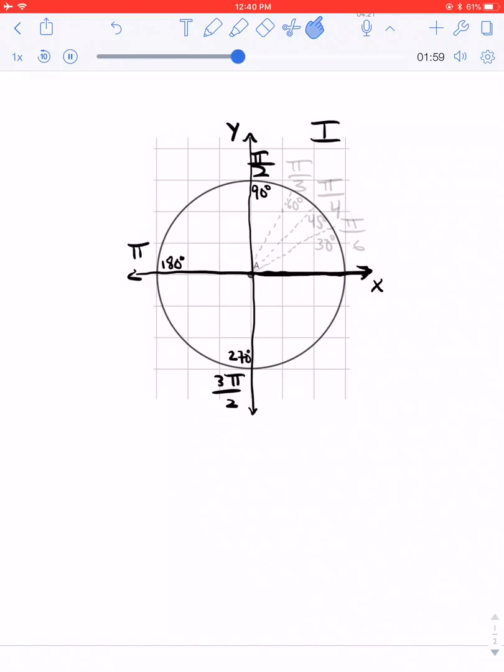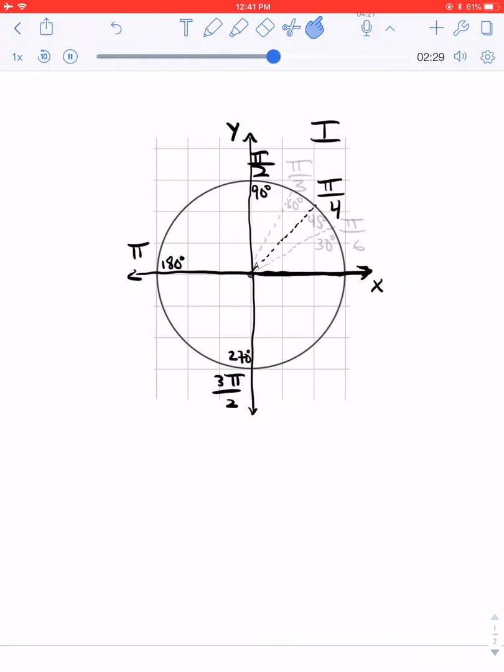But if we think about the x and y axis and how they form a pi over 2 angle in radians, if we bisected that perpendicular angle, we would get a perfect split of our 90 degrees, and that corresponds with pi over 4.